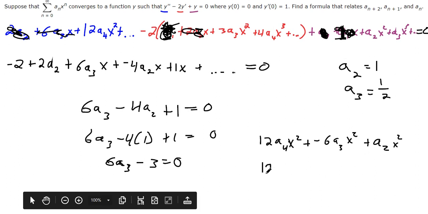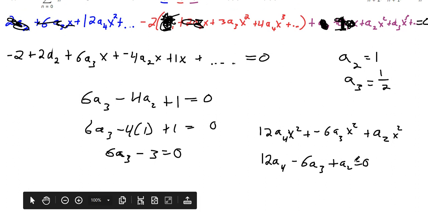So it has to be true that 12a sub 4 subtract 6a sub 3 plus a sub 2 equals 0. And so if you plug in the information we've already gathered, that a sub 2 is 1, and then a sub 3 is 1/2, so that's going to be -3 when you plug that in.